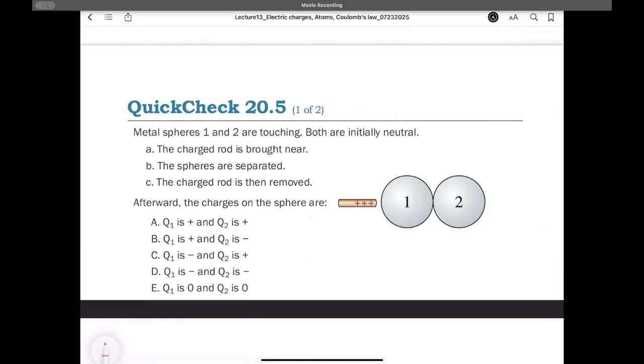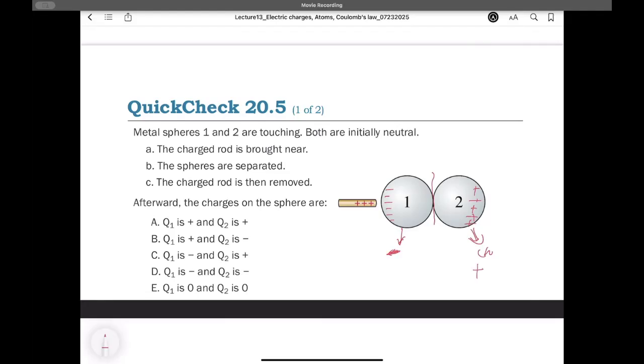But here, the charged rod is brought near, the spheres are separated, and then the charged rod is removed. So after the charged rod is brought near, here will be negative, here is positive, and then separating those two means this one will have much more negative charge and this one will have much more positive charge.